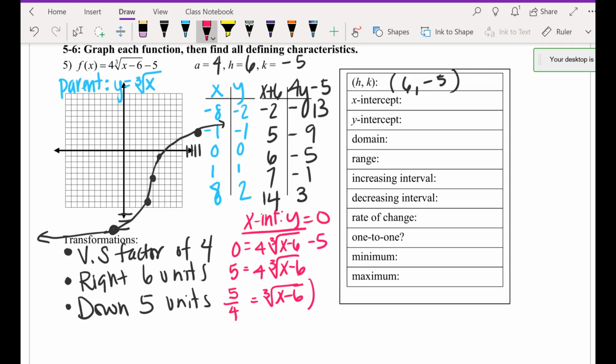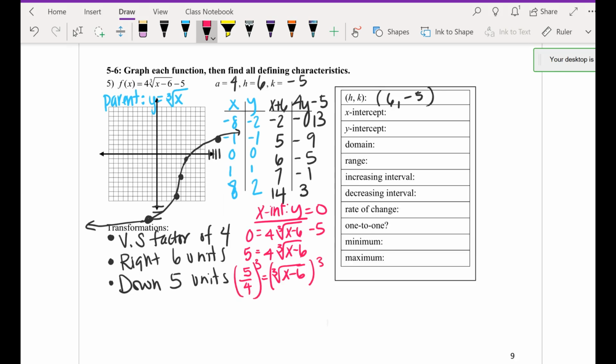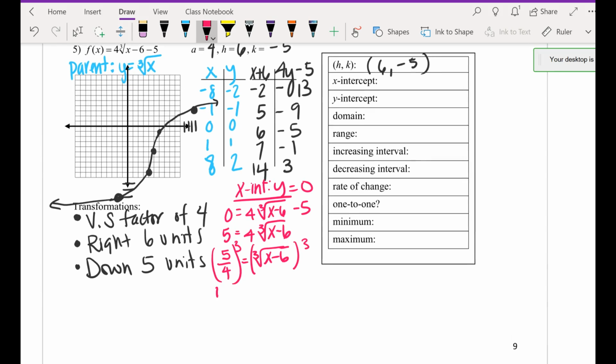Okay, pay attention. 5 to the third is what, Kelly? Very good. 125 over 64 equals x minus 6. We're solving for x. Almost done. What do we do? Add 6 to both sides.